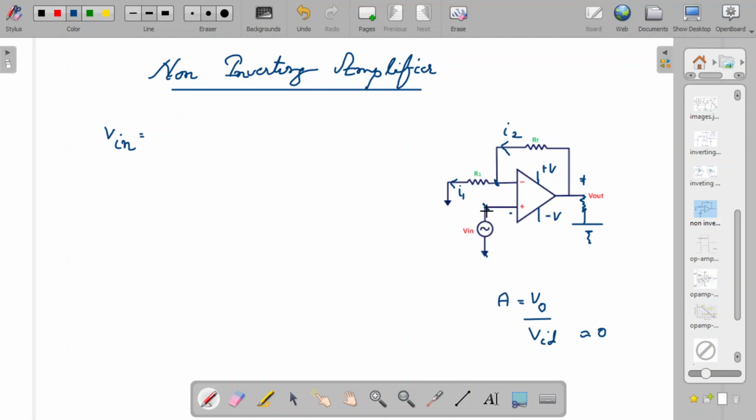In the previous case it was 0, so I said this is also 0. In this case there is some voltage Vin, so the voltage existing at this terminal should also be the same as Vin.